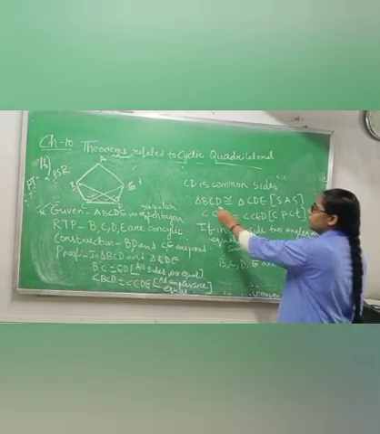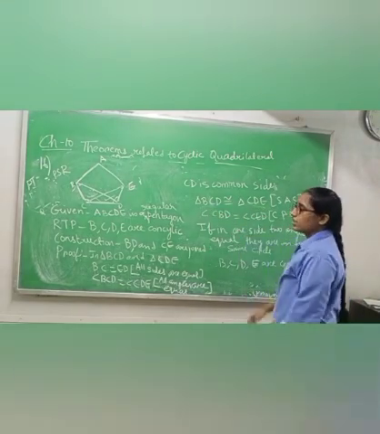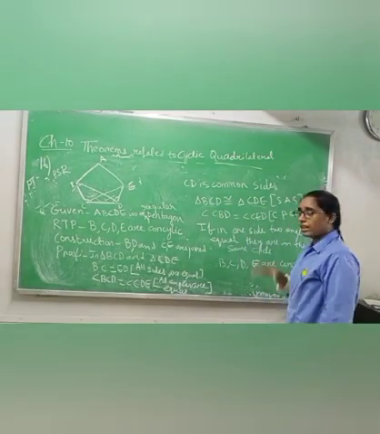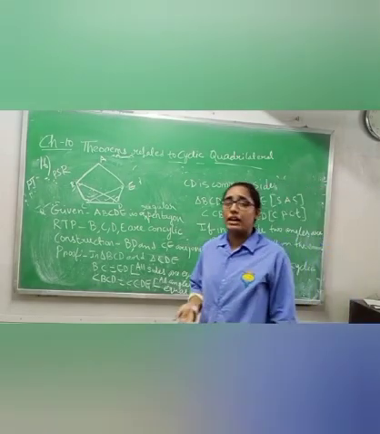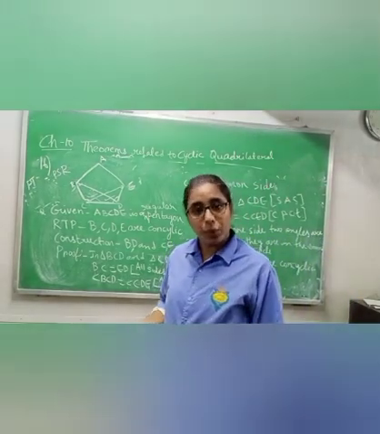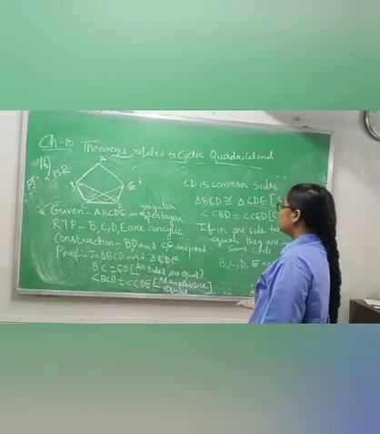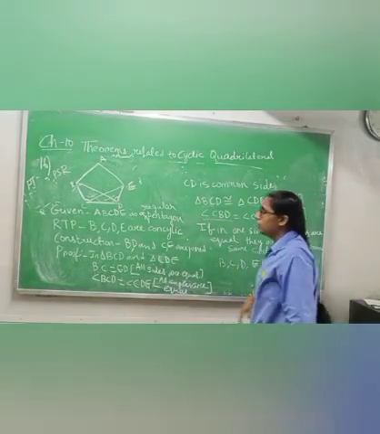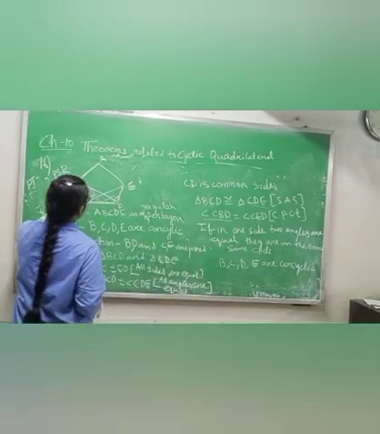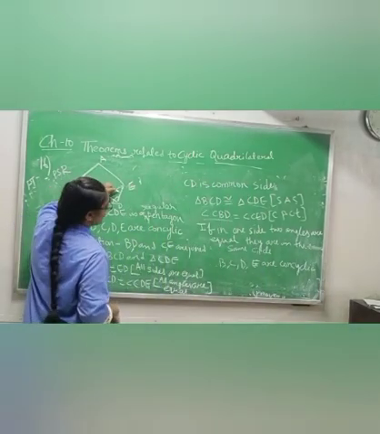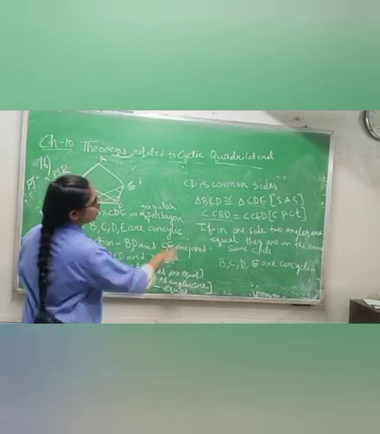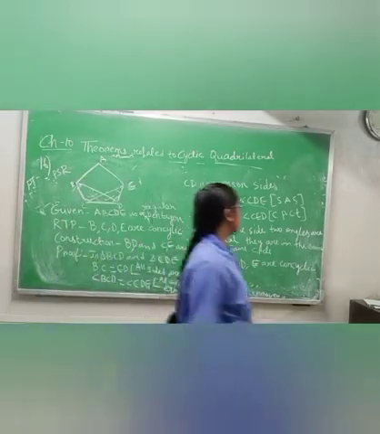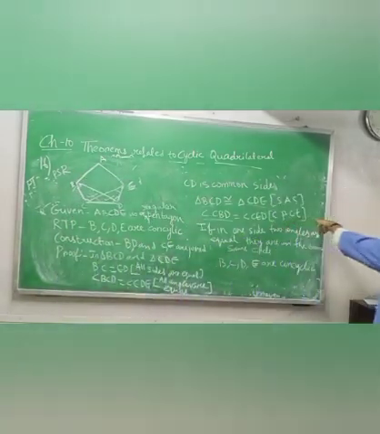Now if these 2 triangles are congruent, it means that the rest of the angles or rest of the sides will be equal also. This is the property of two congruent triangles. So that is why I have written, therefore angle CBD, this angle, and angle CED, this angle, are equal, and what is the reason? Corresponding parts of congruent triangles.